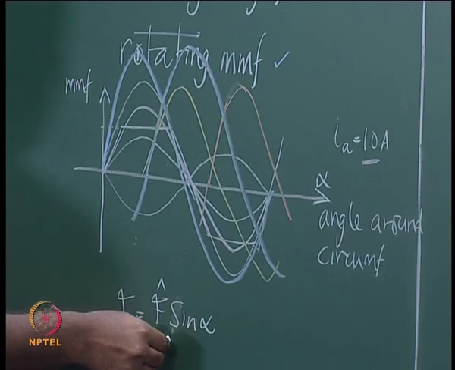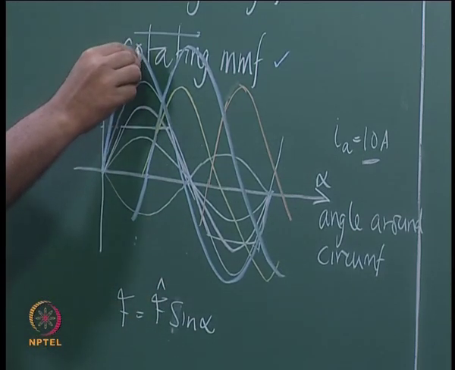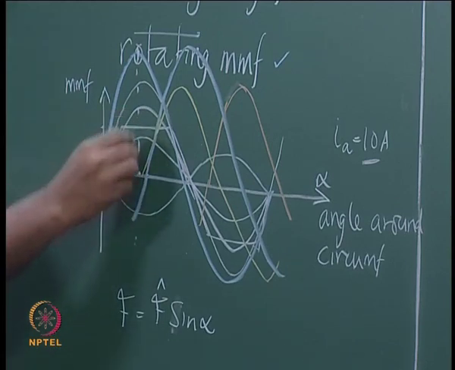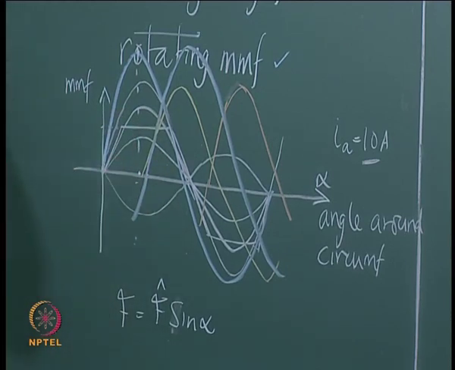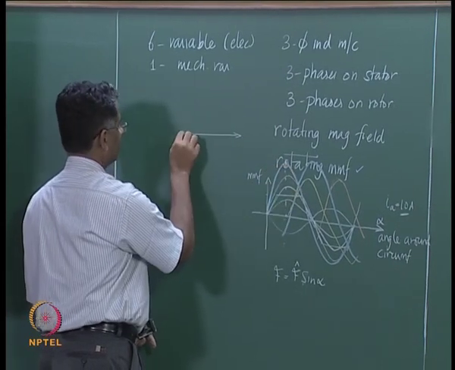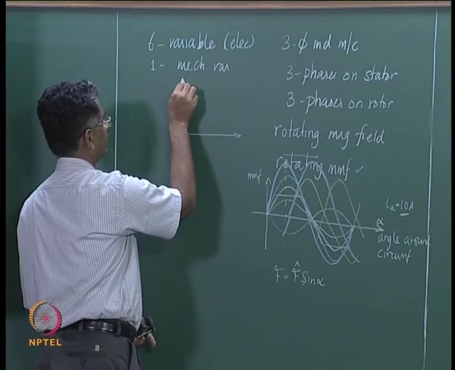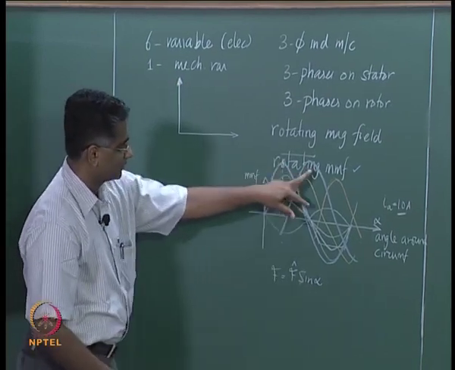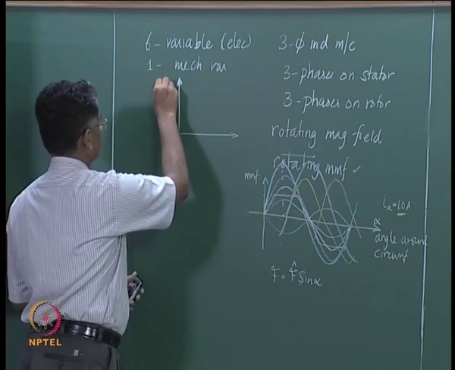If you now mark this angle at which this instantaneous peak occurs, let us say this angle, maybe 90 degrees. So, one can represent this amplitude by an arrow. At another instant this occurs at a different angle, so this arrow has moved.